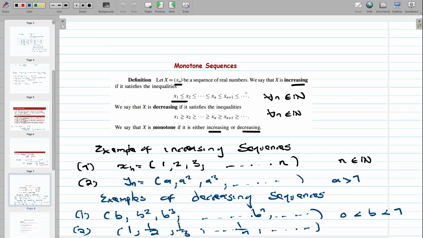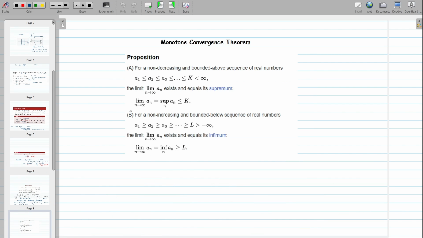For this type of sequence, the limit is going to exist, and the limit is going to be the supremum. So, just to eliminate some of the noise that is here, we can say that the limit of a sequence that is monotonically increasing, here we've used a sub n, is equivalent to this.